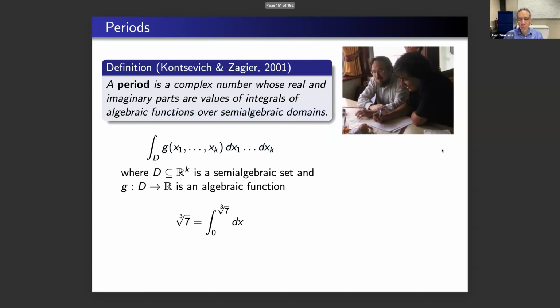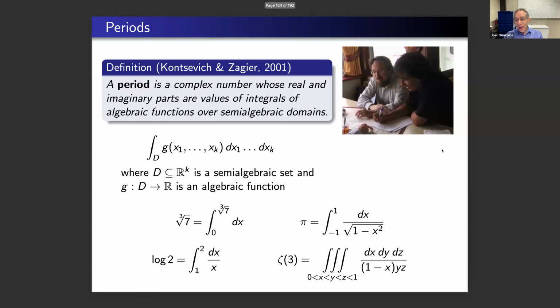So let's see some examples of periods. So all algebraic numbers are periods because of this. Well, you can see from this equation. Pi is a period. Here, that's the area of the unit semicircle, which is equal to pi. Log 2 is a period, of course, a very easy algebraic integral. And our old friend zeta of 3 is a period.